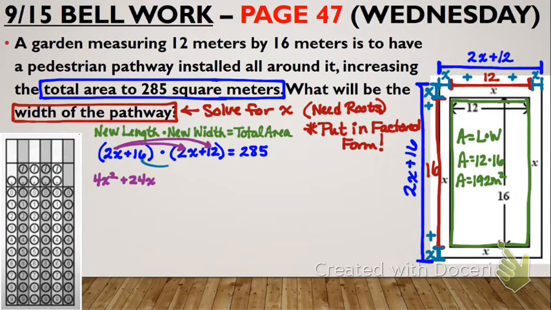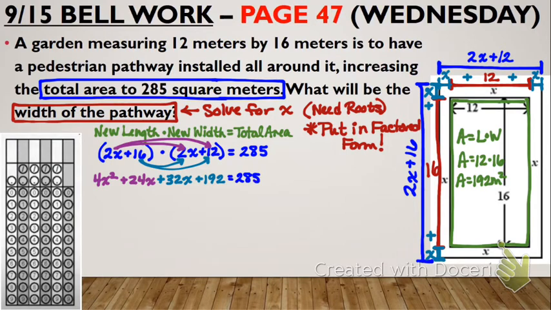The 16. So I do 16 times 2x, and I get 32x. And then I do 16 times 12, which you guys did for me already over here, 192. Equals 285.